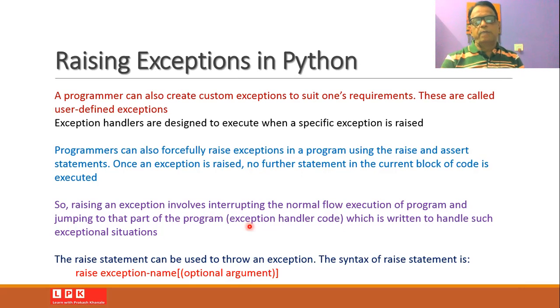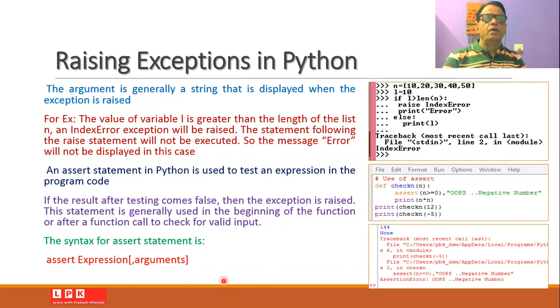The raise statement can be used to throw an exception. Whenever we write the raise statement in Python, we write the raise keyword, then we give the appropriate exception name, and then in square brackets, we can use optional arguments. So let us understand how exceptions can be raised in Python.